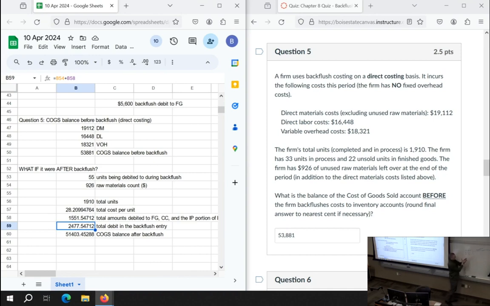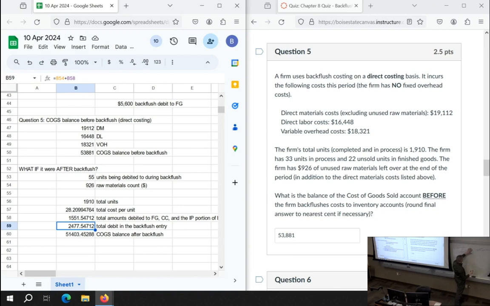And we have to separate those out. We don't do total cost when we're doing the actual calculation. We need these two balances. This is in-process units times the direct materials rate. And this is in-process units times the conversion cost rate, which is the direct labor rate plus the variable overhead rate.